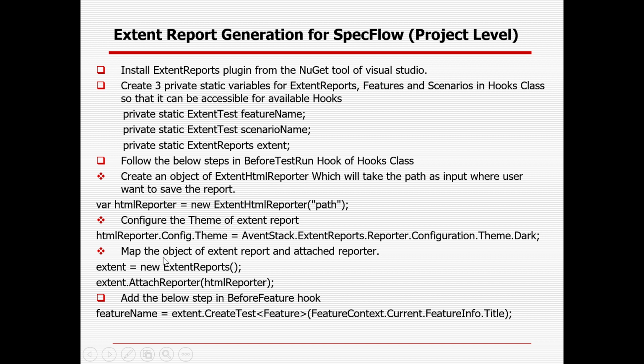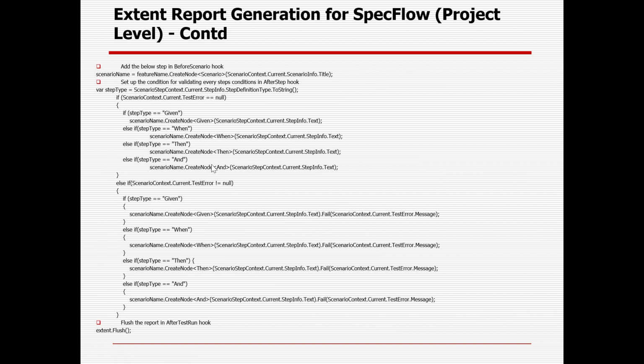We need to map the object of the extend report whatever is created globally, and we need to attach the reporter. Then we need to go to the before features hook, and we need to map those feature name whatever is created using extend test, and you need to create test feature level, and it will be generic feature context.